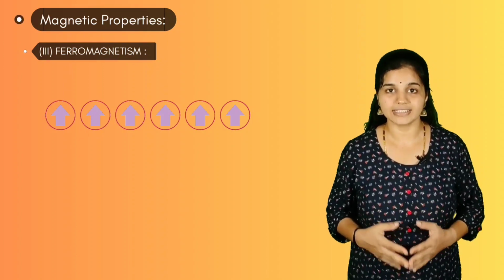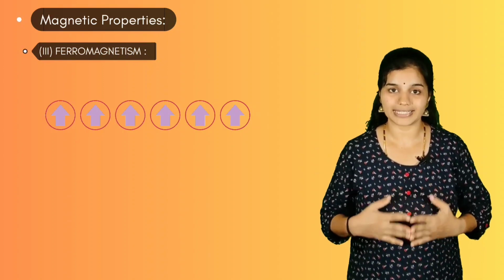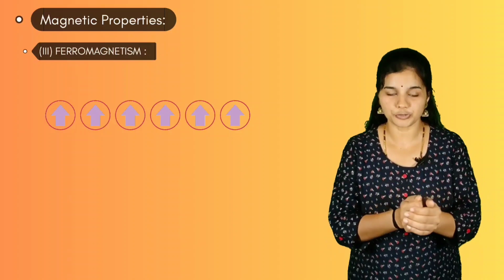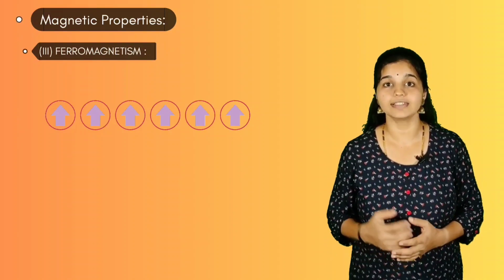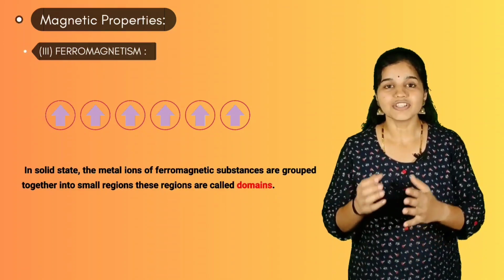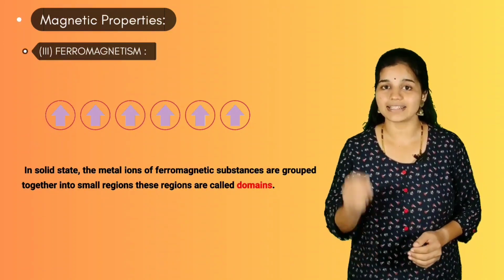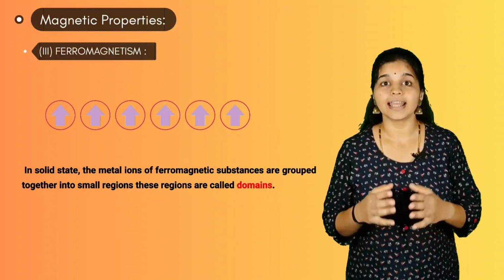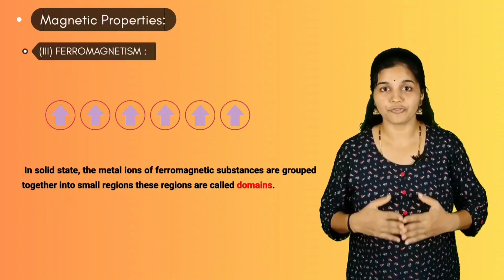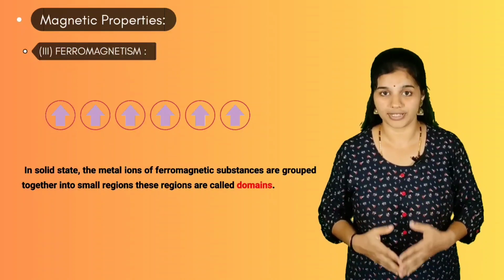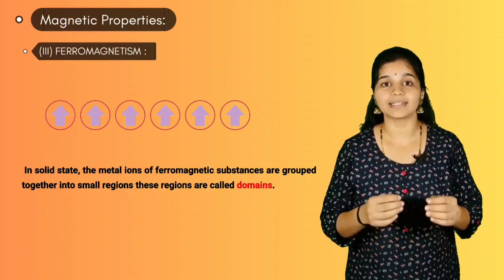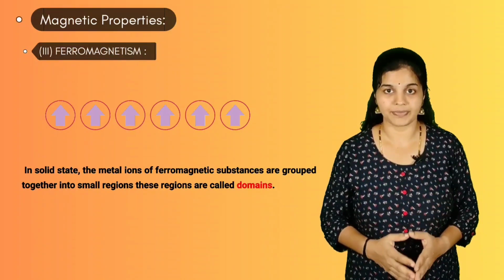In the solid state, the metal ions of the ferromagnetic substances are grouped together into small regions, and these regions are called domains. Each domain here acts as a tiny magnet. In an unmagnetized piece of ferromagnetic substance, all these domains are randomly oriented and their magnetic moments get cancelled.